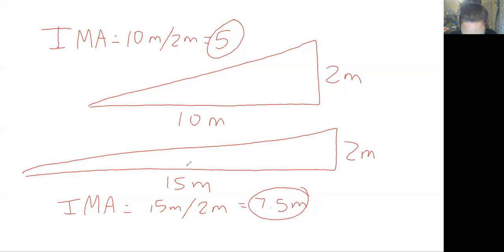All right, number 4: if an inclined plane has an ideal mechanical advantage of 8, an output force of 160 newtons, and an input force of 320 newtons, what is the average mechanical advantage? All right, so let's look at this. Ideal mechanical advantage means no friction taking into play, so ideal means the best case scenario.